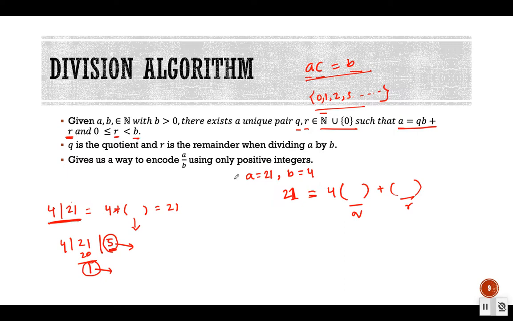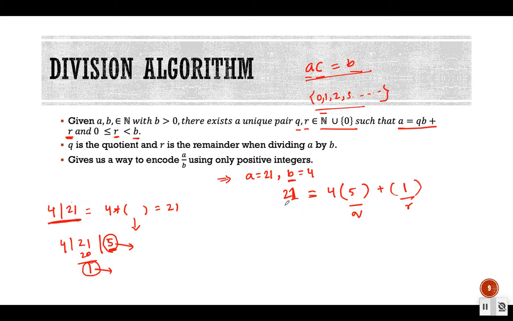Just be sure that here we are reversing the roles: a is the number, b is the divisor, and we are trying to divide a by b. Now I can represent it like this: 4 times 5 plus 1. You can see that 4 times 5 is 20, plus 1 is 21.